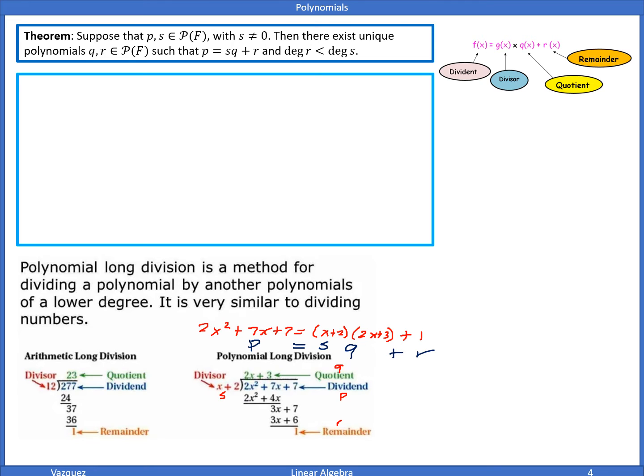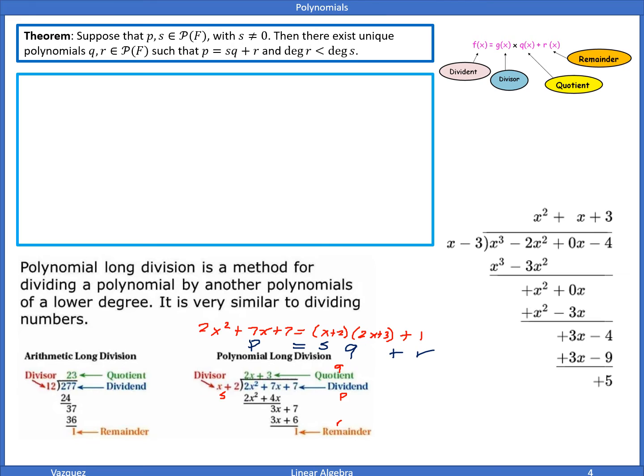So to prove this, oh, here's another example of long division. They show us this in high school, but here we're going to prove a theorem. So let n be the degree of P and m be the degree of S. Now there are two cases here. In fact, this can be proven without linear algebra, but this is a linear algebra course, so let's prove it with linear algebra.